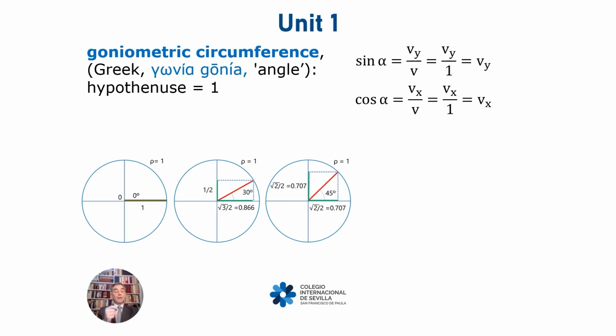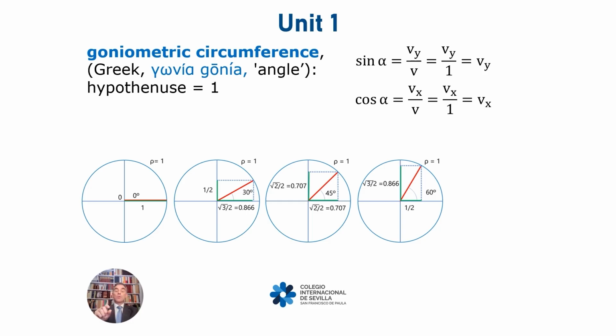When you have 60 degrees, we are in the opposite situation as we were with 30 degrees. The horizontal projection is half the radius, therefore the cosine of 60 is 0.5, and the vertical projection is square root of 3 divided by 2, equaling 0.866.